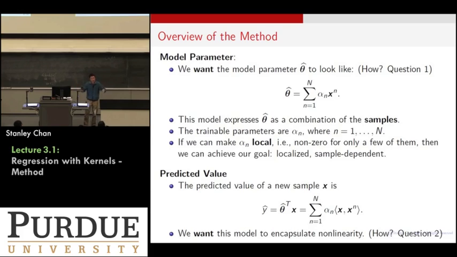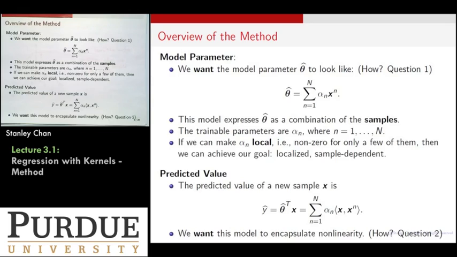Since we want some local behavior, you want the alpha to be localized to someone surrounding you. Imagine that most of the alphas are 0 for you, and some of the alphas may not be 0. So there will be some localization going on in your prediction model.